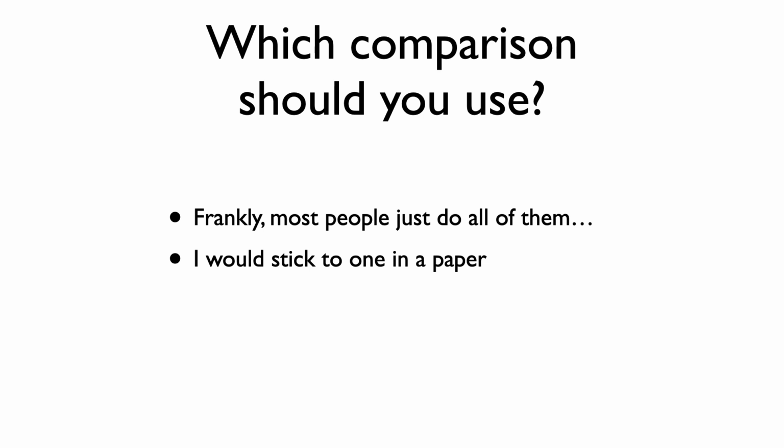I typically use Tukey HSD, but I can also say that I've tried others. Tukey's a nice mix: it's not super conservative, but it also just doesn't say everything's different from each other. So that's the one I like to use. But your mileage may vary. I would avoid the Scheffé test that you will see in an output from SPSS just because it's so conservative that it says there's no differences when there really are differences. Okay. So that's post hocs.